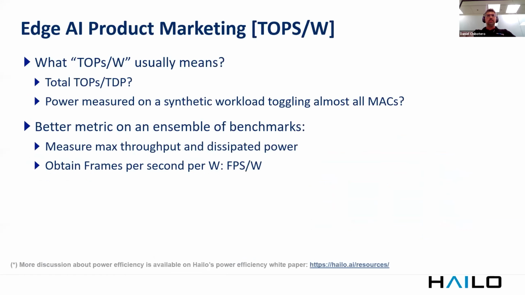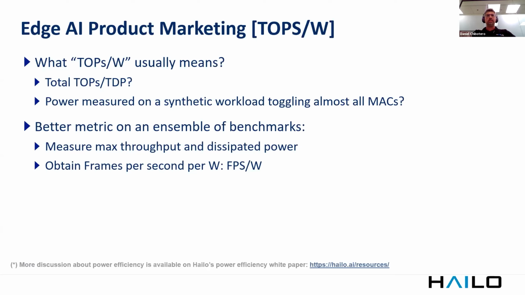So TOPS is not a very good qualifier for Edge AI product quality. The second one is the TOPS per watt, the efficiency metric, and it's not well defined across the industry. Sometimes it means the total TOPS in the chip divided by the chip's TDP. Sometimes it is defined as the power measured for a synthetic workload that is toggling almost the max on the chip, and it's very hard to gain insight on how this metric is defined.